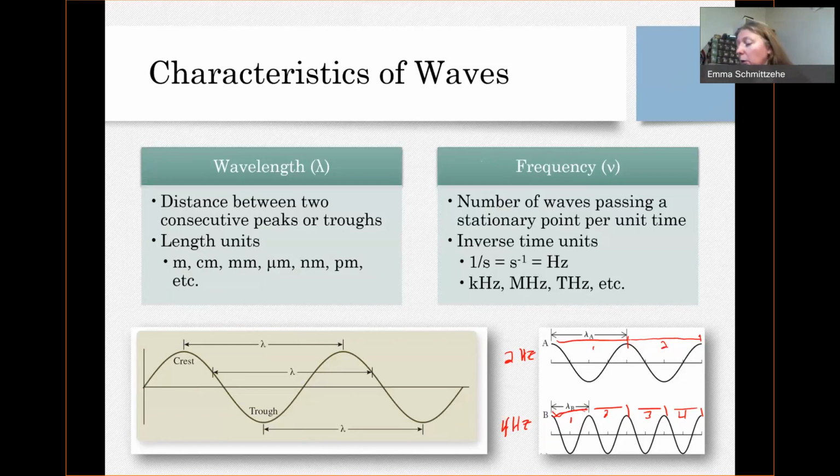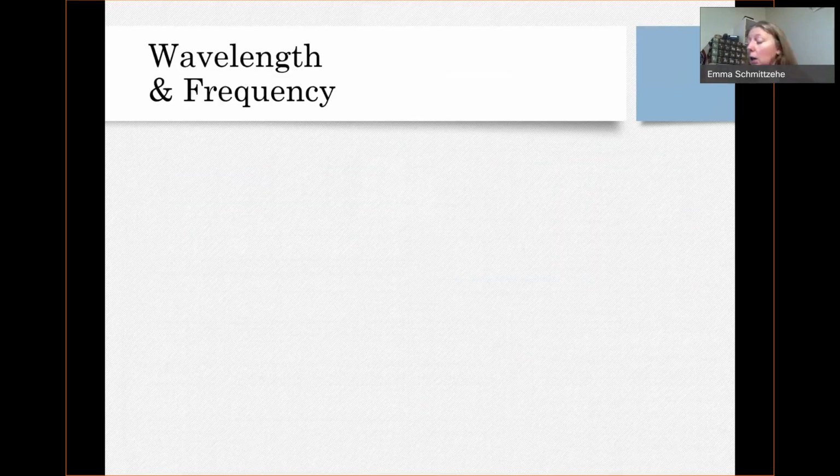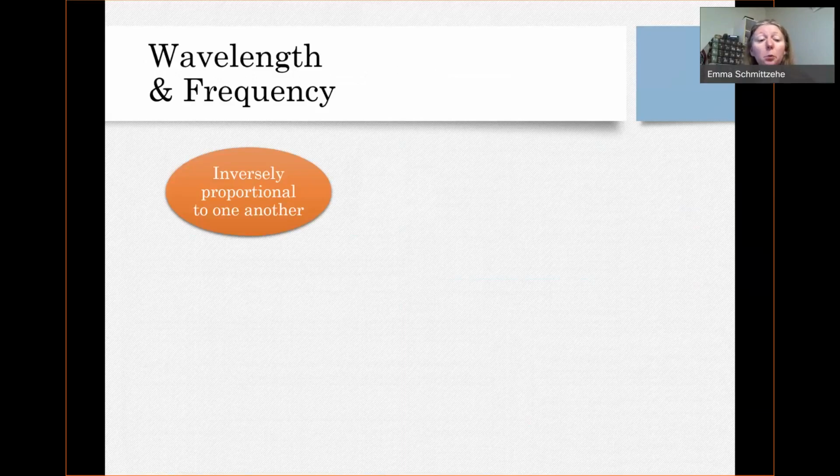That's a really important relationship between wavelength and frequency. Wavelength and frequency are always inversely proportional, okay? Meaning the higher one is, the lower the other is, okay? So the higher the frequency, the shorter the wavelength, or the longer the wavelength, the lower the frequency.